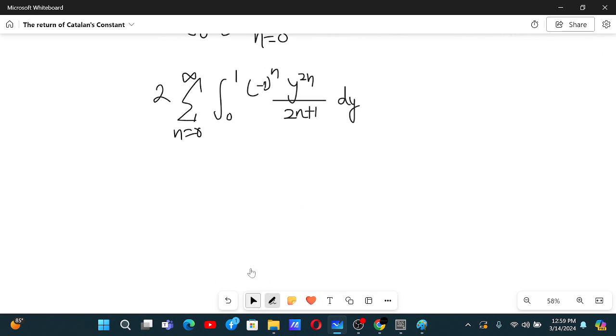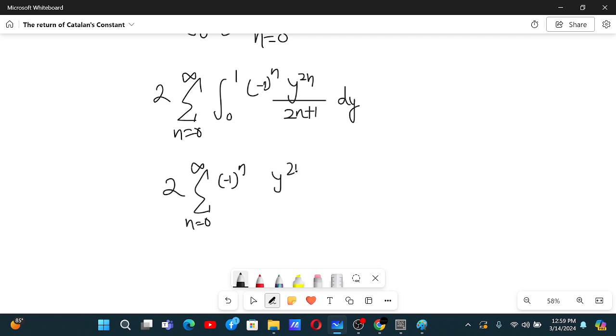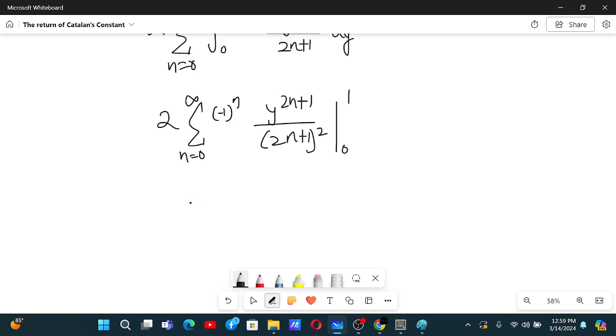If we integrate this, we will have y to the power 2n plus 1 by 2n plus 1 whole square, going from 0 to 1. So we will have 2 times the sum from n equals 0 to infinity of minus 1 to the power n. At 1, this will be 1 by 2n plus 1 whole square. At 0, that will be 0, so it doesn't matter.